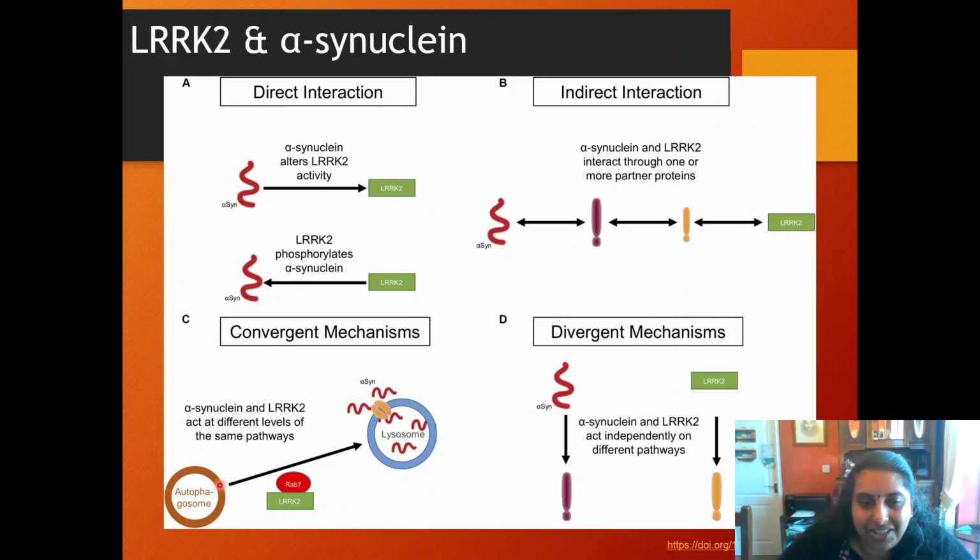It could be that they just have effects on different levels of the same pathway. So alpha-synuclein affects lysosomes, and LRRK2 also affects lysosomes, but through a protein called RAB7. And it could be that they just act independently on different pathways. So essentially what they're saying is that, yes, LRRK2 could phosphorylate alpha-synuclein, but it's unclear that this is actually what happens pathologically.